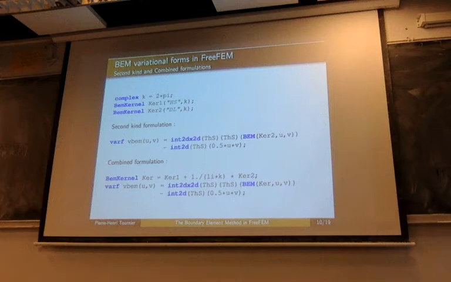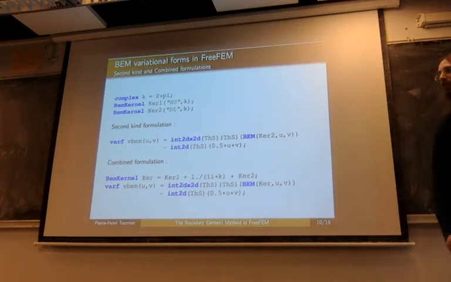And you can also do a combined formulation. Basically, you combine two kernels together with a linear combination. So for example, hypersingular plus 1 divided by ik times the double layer operator plus a mass matrix once again. And see, this is a combined formulation that can be more robust depending on the problem you want to solve. Okay.